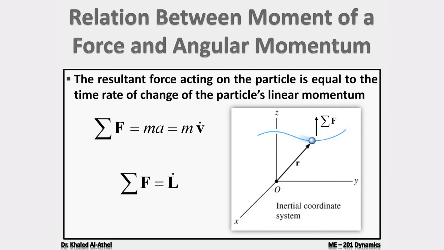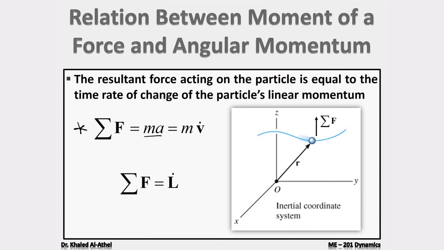Now, to see the relation between the moment of a force and the angular momentum: the resultant force acting on a particle is equal to the time rate of change of the particle's linear momentum. Meaning, we know from Newton's second law that the summation of forces equals ma.